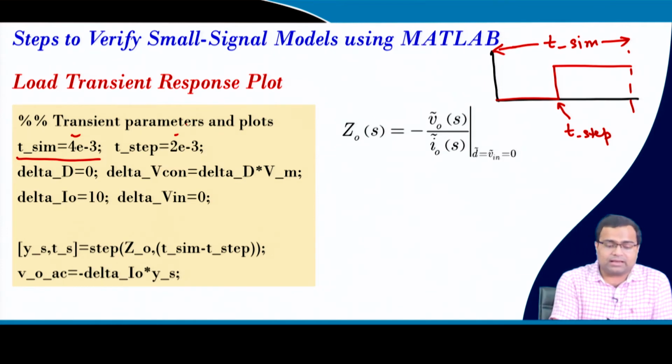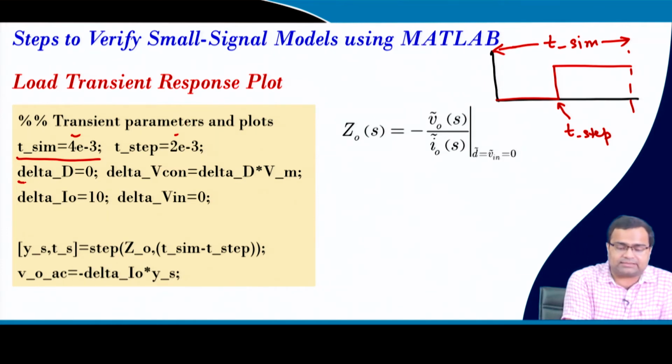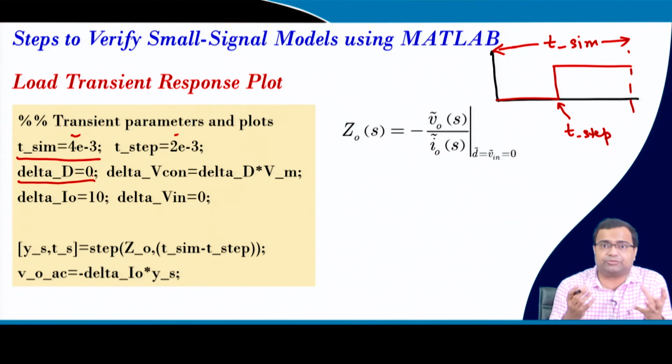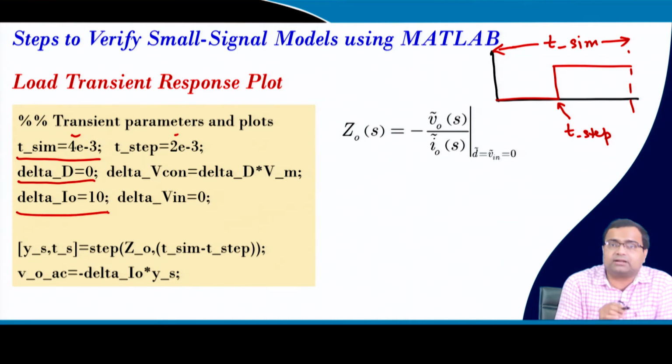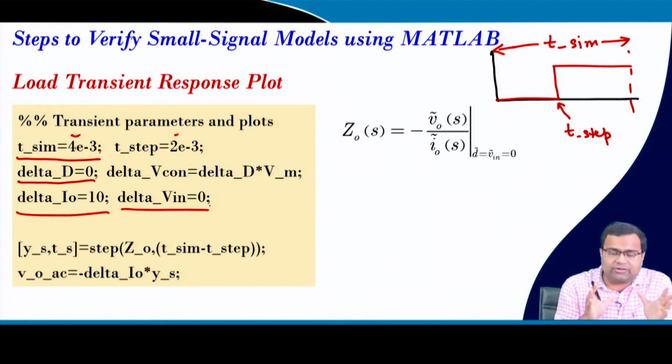Now you can take any kind of transient. Suppose you want to take a perturbation in the duty ratio, or a perturbation in the load current, that means a step change in the load current, or a step change in the input voltage. Since we are changing the load current, we want to check the load transient response.